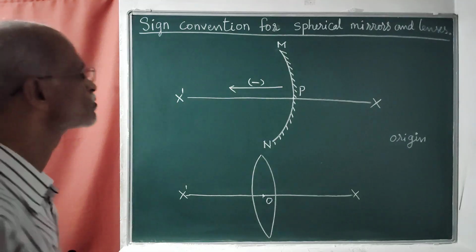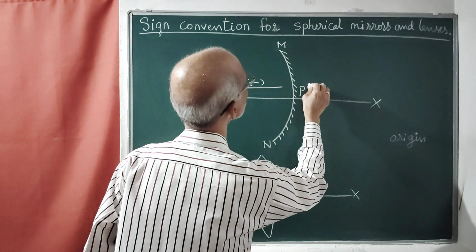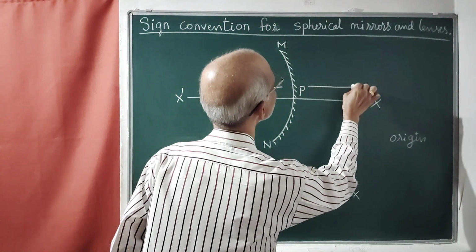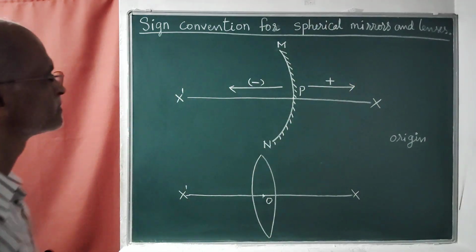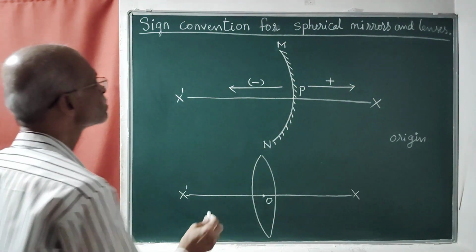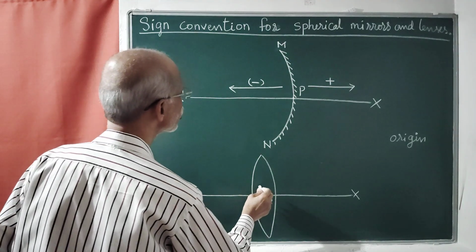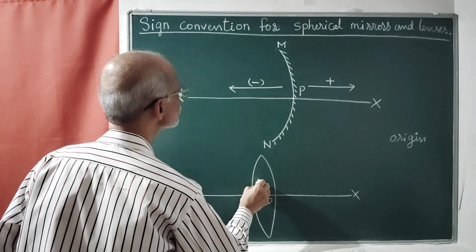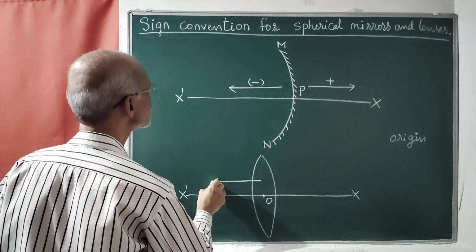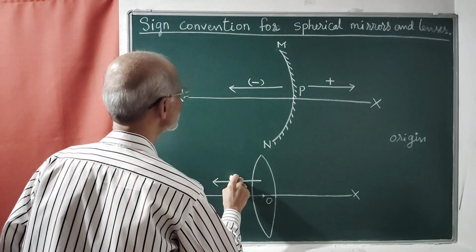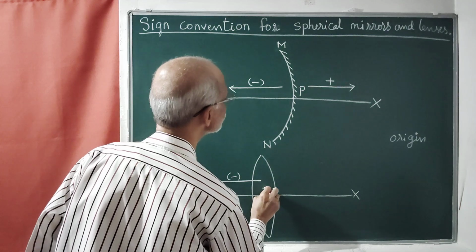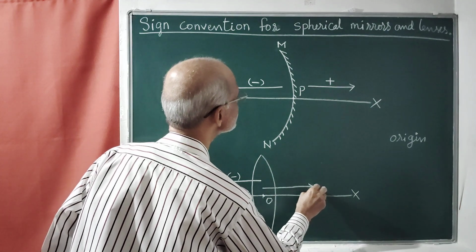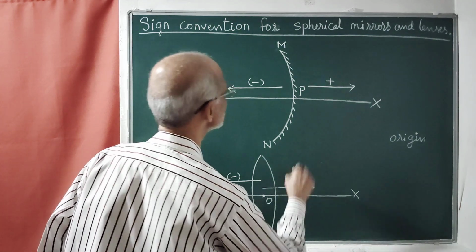The distance that you measure towards the right side will carry a plus sign.